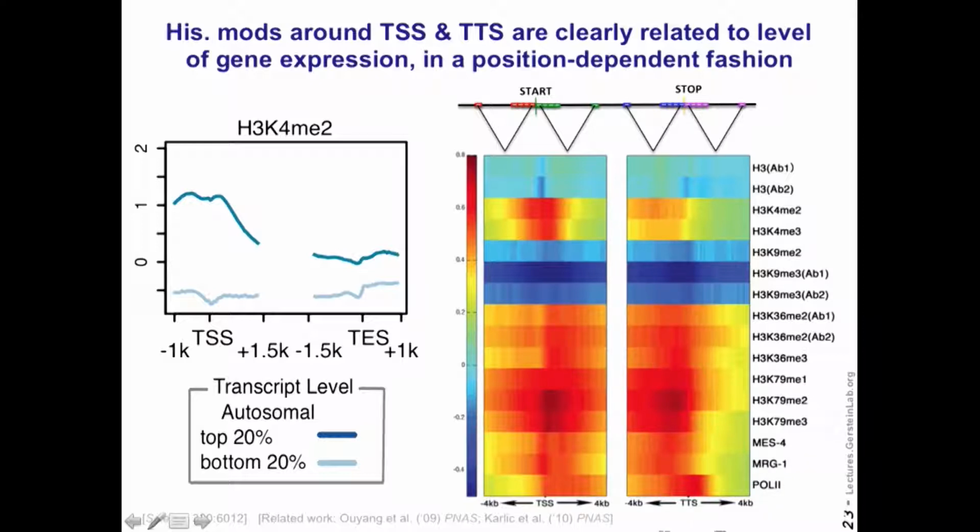And then you'll get a picture like this. What this picture shows is that, for instance, at a particular bin here, the level of that mark is highly correlated with gene expression, and that correlation falls off as you go away from the TSS. And for this mark over here, it's actually anti-correlated. So you can see there's a positional effect, and some marks are correlated and other marks are anti-correlated.